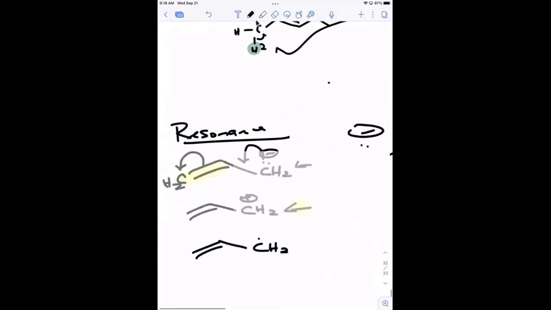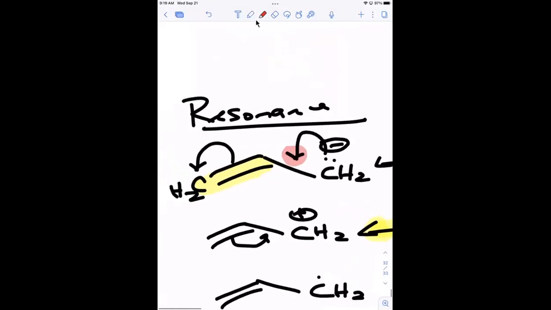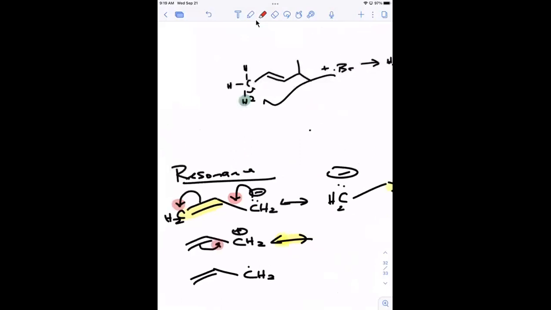it's the same, right? You're going to shift the pi bond over. Notice the arrows though, right? I have a double-headed arrow, which means I'm moving 2 electrons. Let's go back even further than that. Every bond, whether it's a pi bond or a sigma bond, is made up of 2 electrons. That's fundamentally always going to be the case.